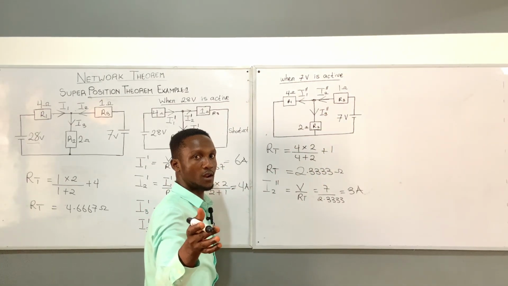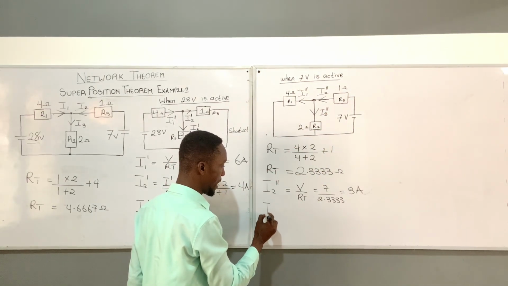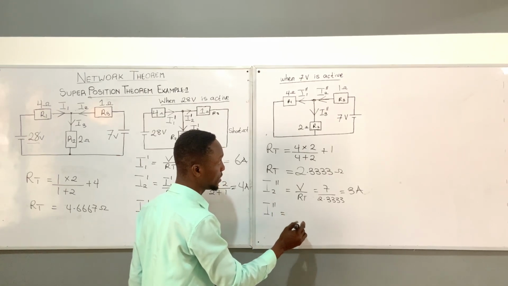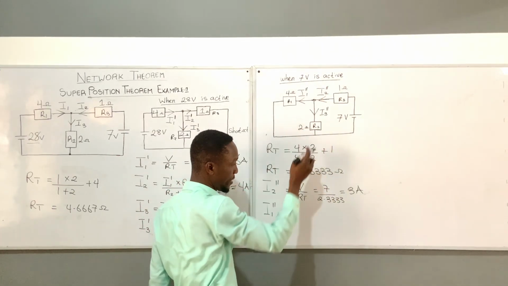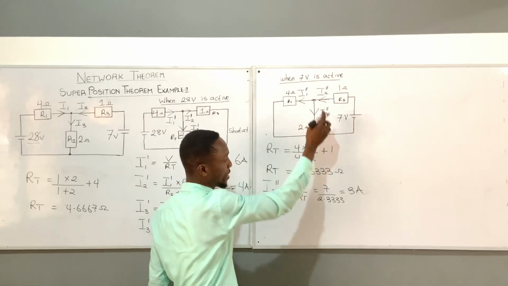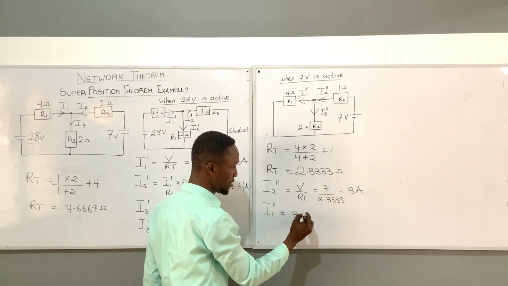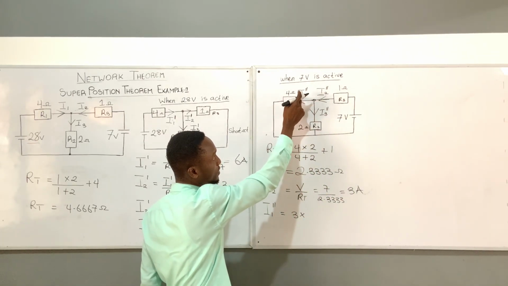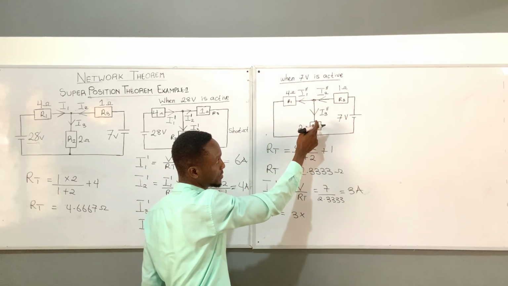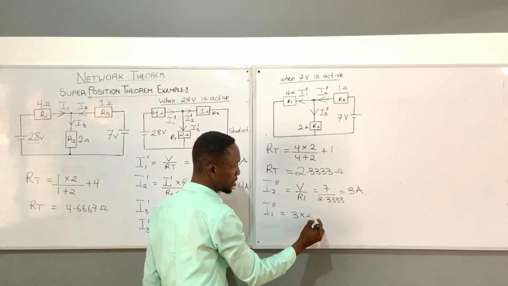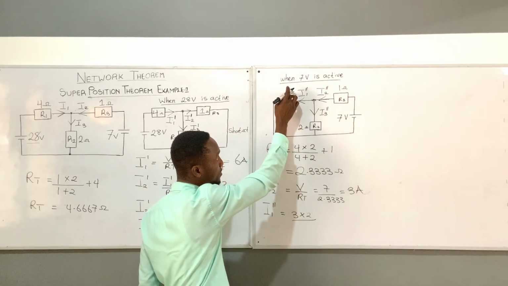Using the current divider rule, I will write my I1 double prime. Now use the supply current, which is I2 double prime, that is 3 amps. Multiply by its opposite resistive value: you have 2 divided by the same 2 plus 4.